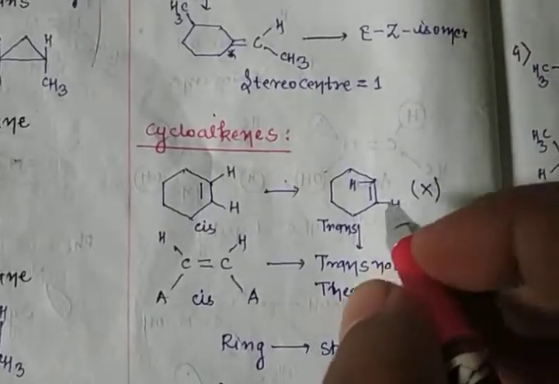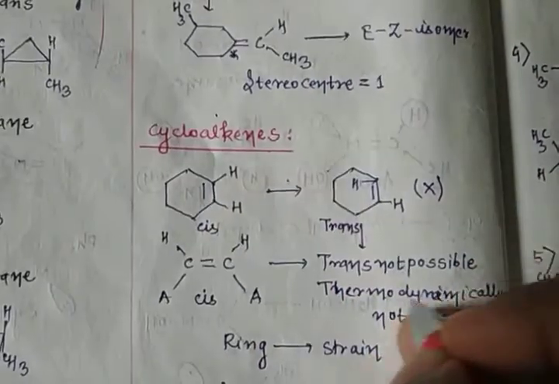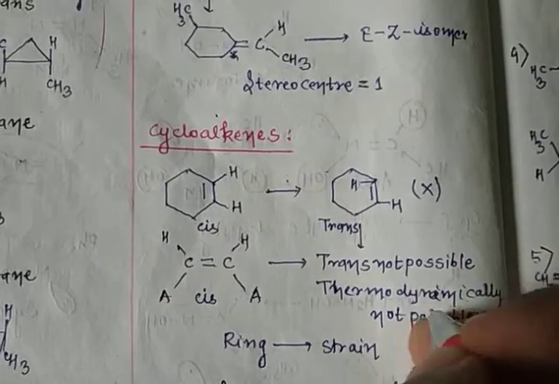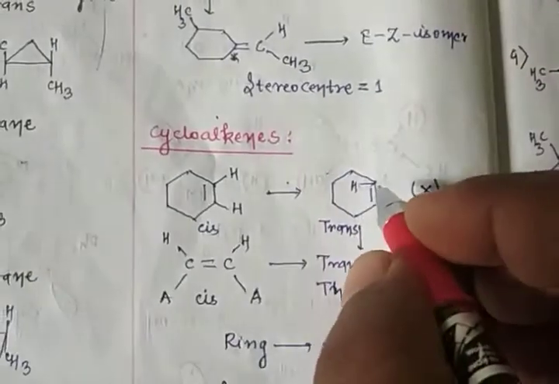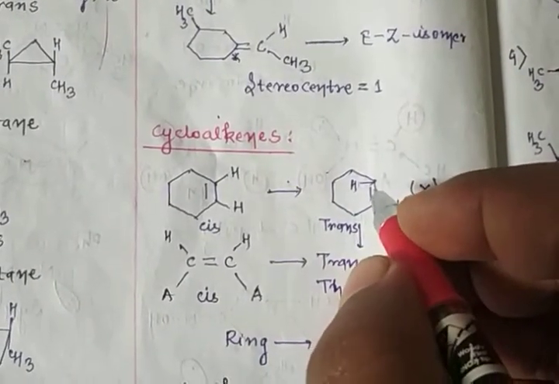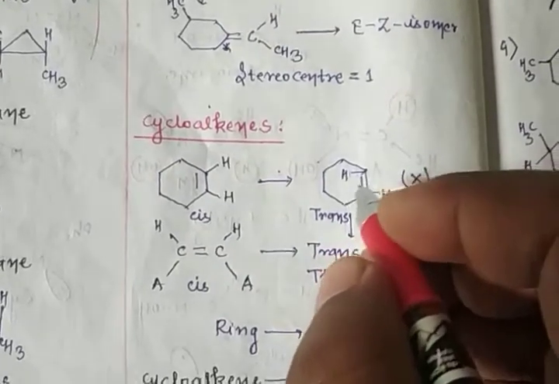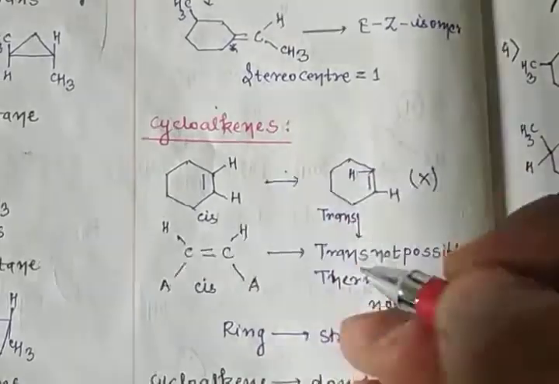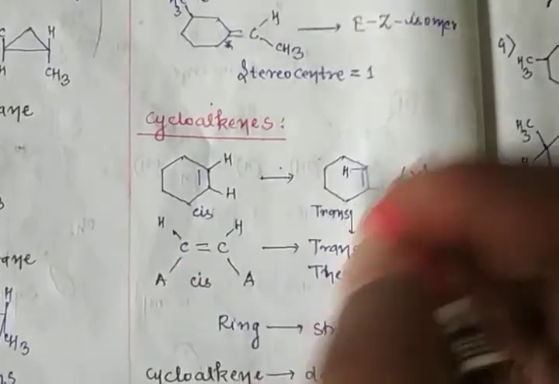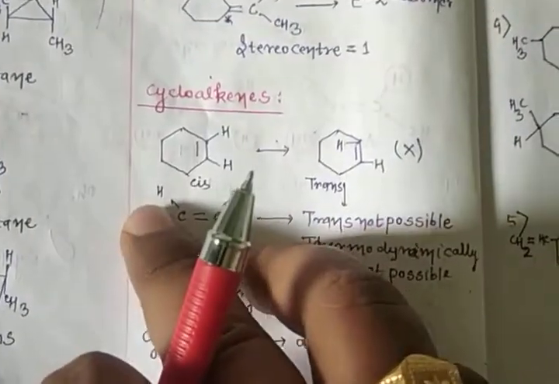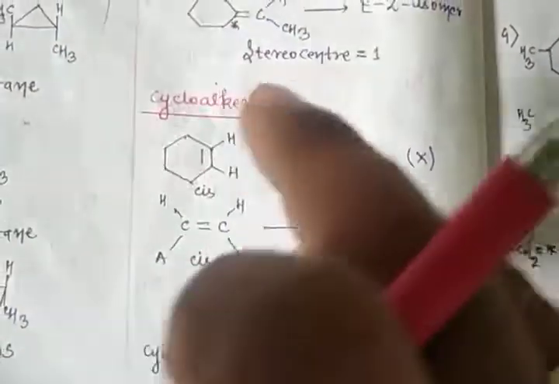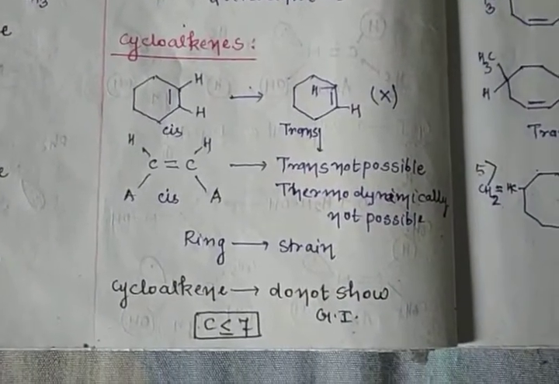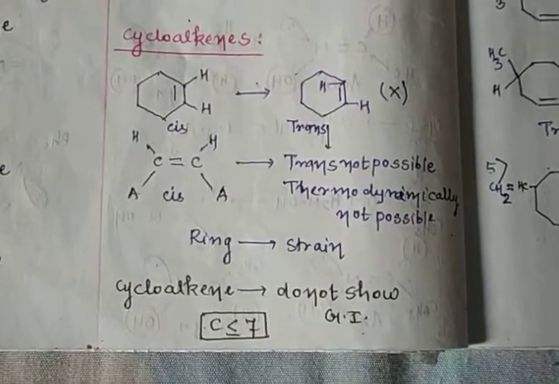Trans is not possible, thermodynamically not possible. Why? There is a double bond, it means no rotation is there. So how is it possible for hydrogen to go from this side to this side? It means only cis is possible, not trans. If cis is possible and trans is not, it means geometrical isomerism is not shown.